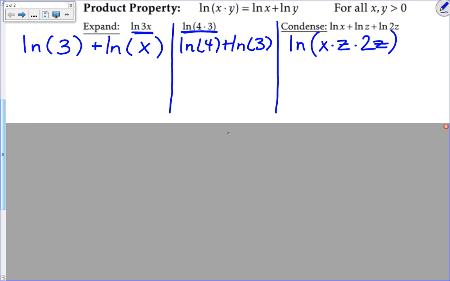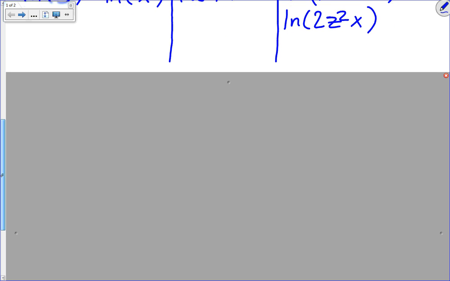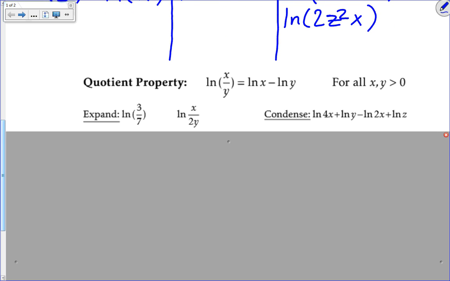So we're going to rewrite this with the largest power first. So 2z squared times x. Okay? That's all we can do there. Can't take it any further. Questions, concerns? The z, I'm going to draw a line through it so you know it's not a 2. Okay? So that's the product property.